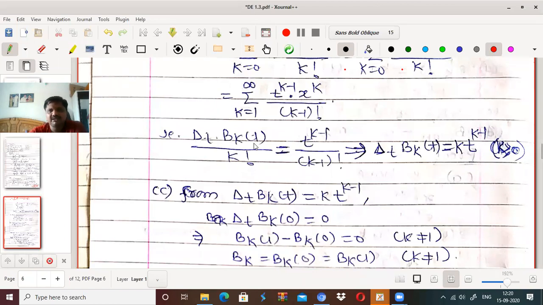So delta t of bk(t) upon k factorial equal to t to the power k minus 1 upon k minus 1 factorial. Now this k factorial goes here in multiplication, and the denominator is k minus 1 factorial. This k factorial can be written as k into k minus 1 factorial, that cancels with this k minus 1 factorial, and therefore delta t of bk(t) equal to k into t to the power k minus 1 for all k greater than or equal to 0.